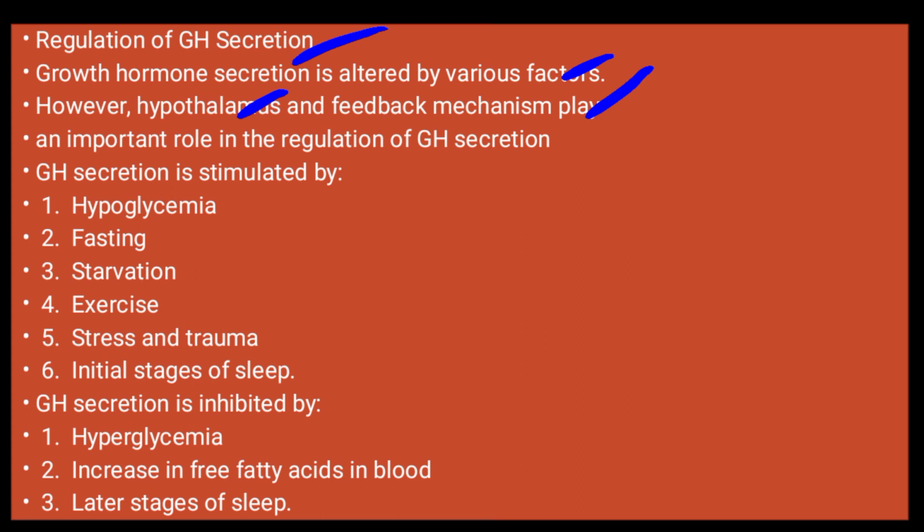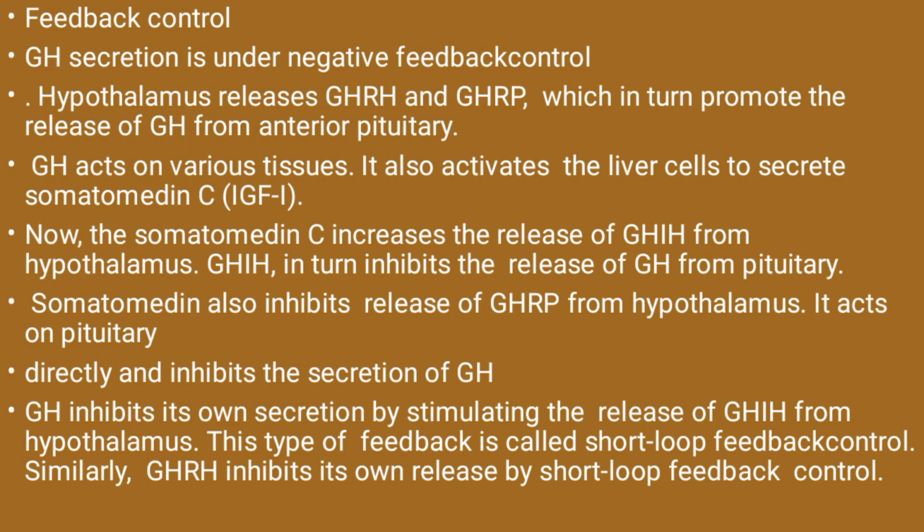Growth hormone is stimulated by hypoglycemia, meaning low glucose level, fasting, starvation, exercise, stress and trauma, and the initial stage of sleep. Growth hormone is inhibited by hyperglycemia, an increase in fatty acids in the blood, or the later stage of sleep.